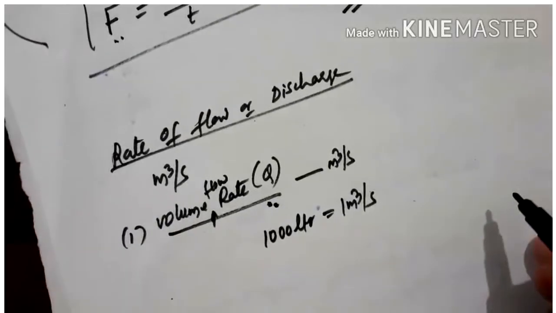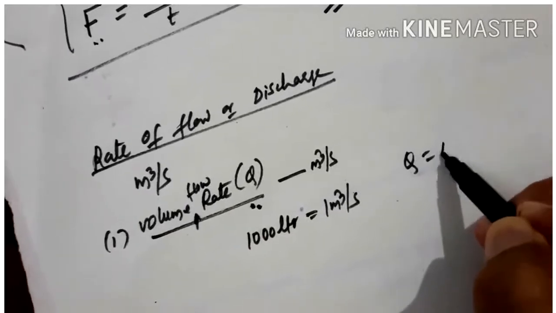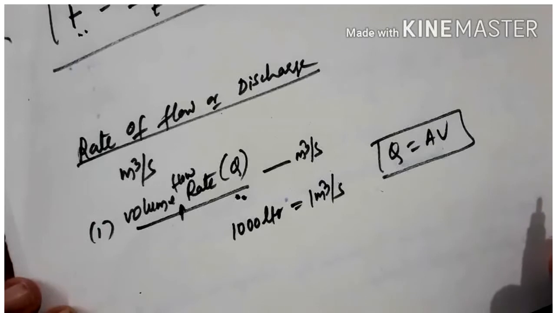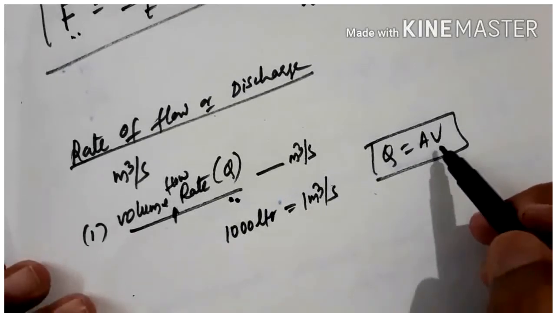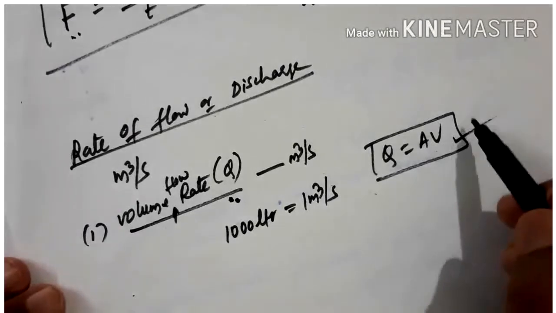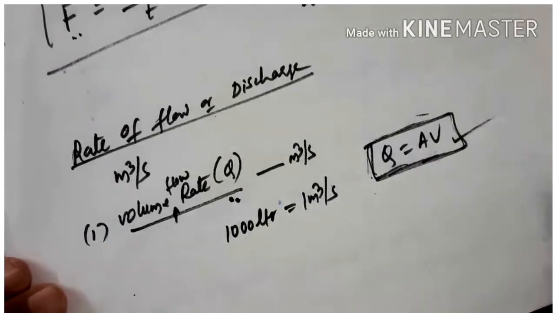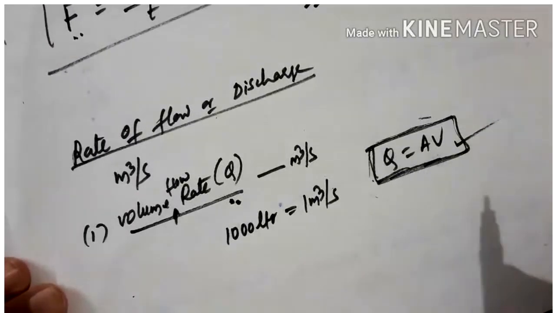Then it can be written as Q equal to A into V, where A is the area of the section and V is the velocity of flow. This is one famous equation which can be used to calculate the discharge across the section.